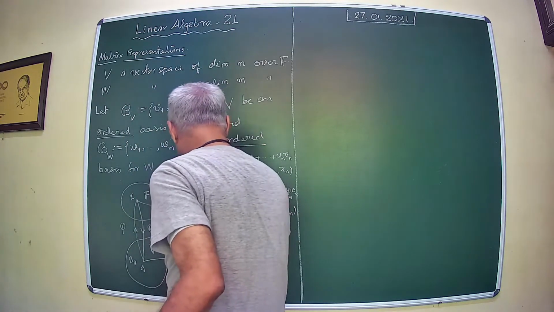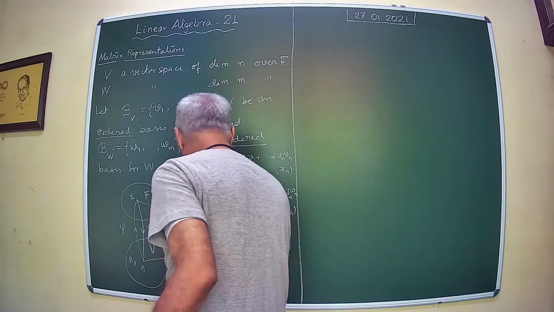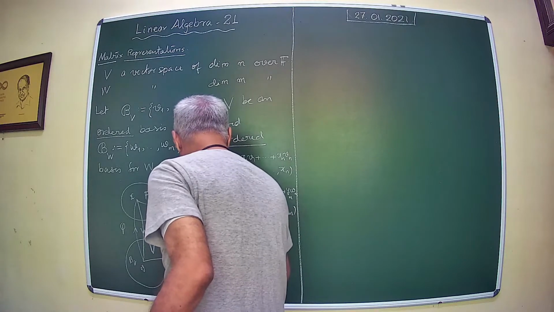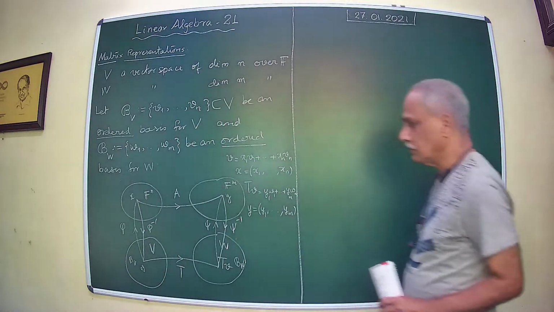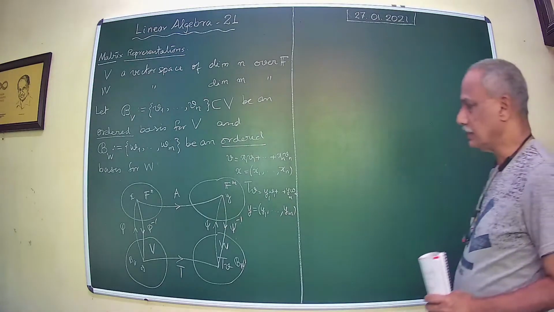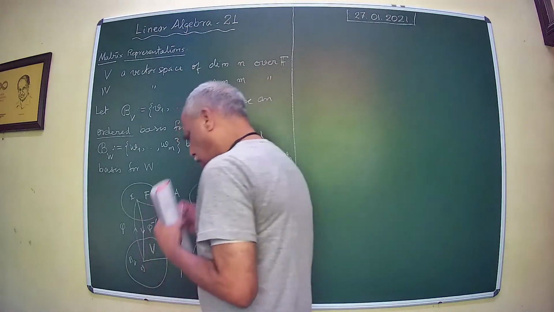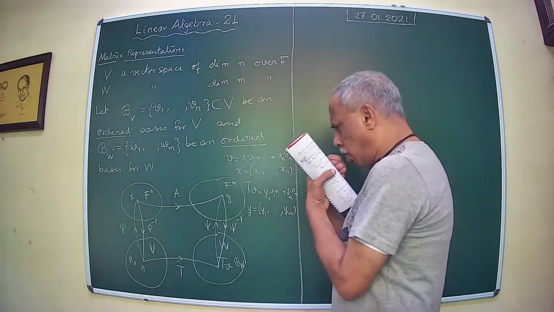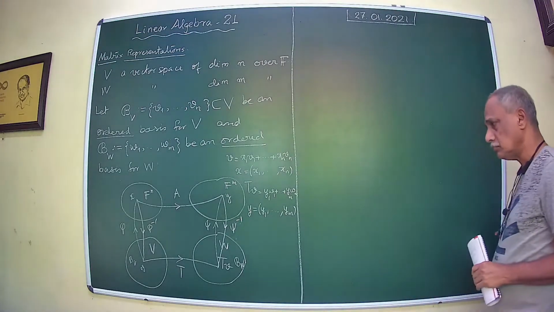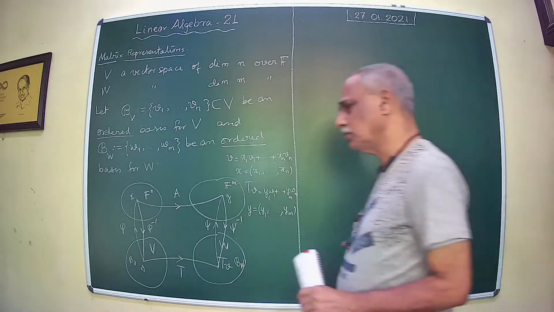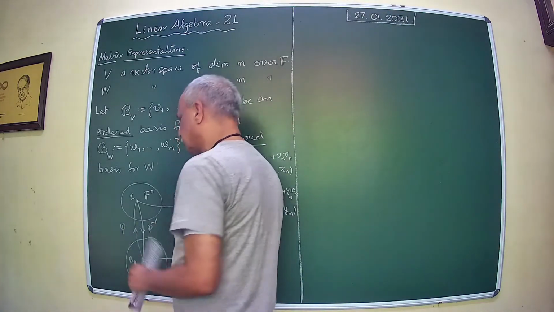So also psi inverse is defined, and both phi inverse and psi inverse are also one-to-one, onto maps between their respective domains and the ranges. So that's the property of the isomorphism.